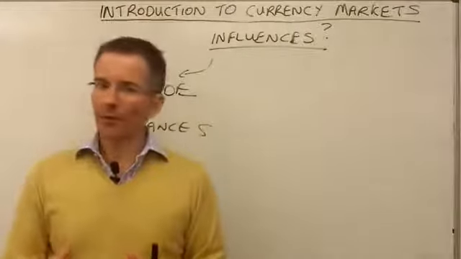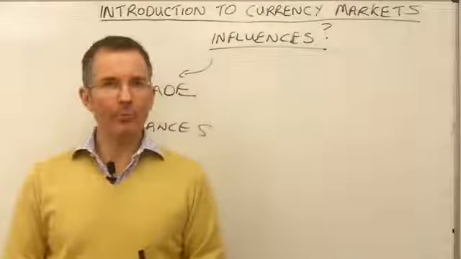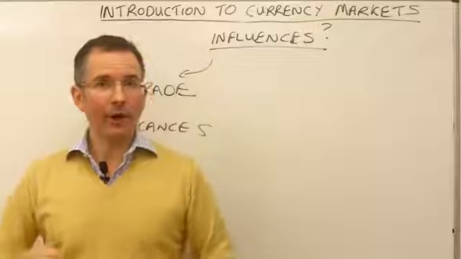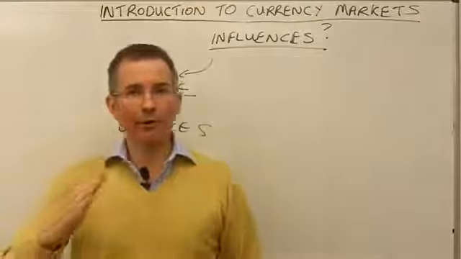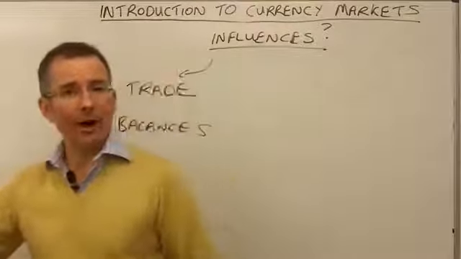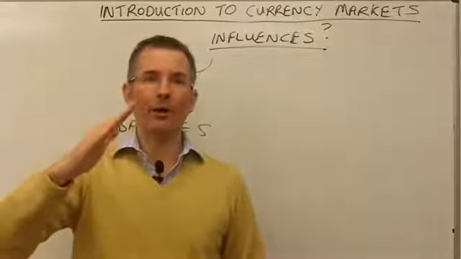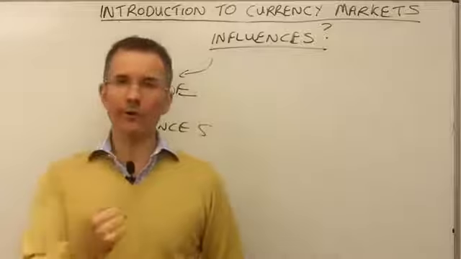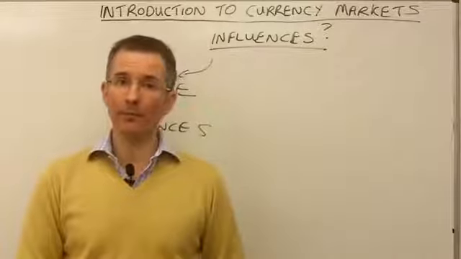To cut to the chase on this one, if lots of people want to buy American stuff, they need dollars to pay for it. So demand for a country's goods and services will tend to drive demand for its currency as well. And that tends to suggest that a successful economy will have a strong currency. And that's broadly speaking true.